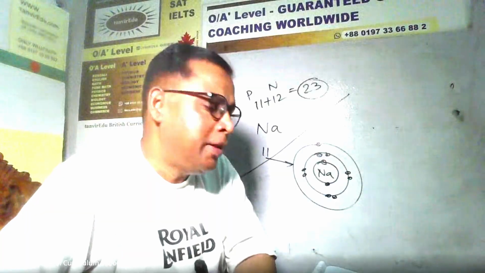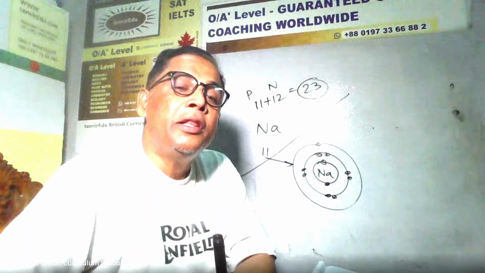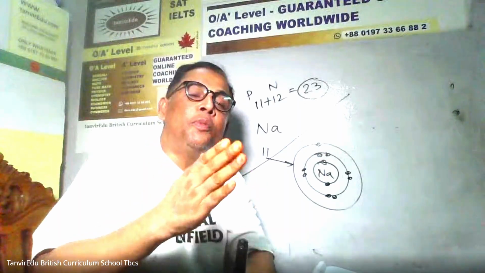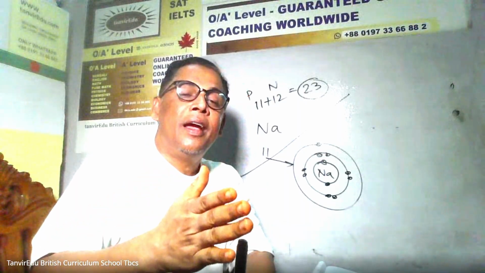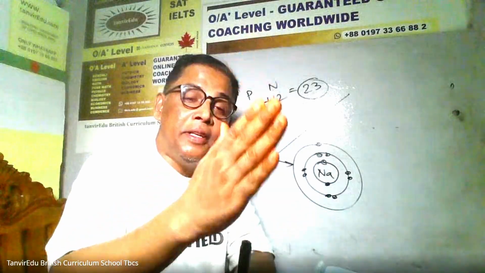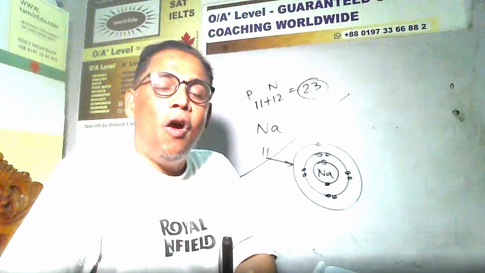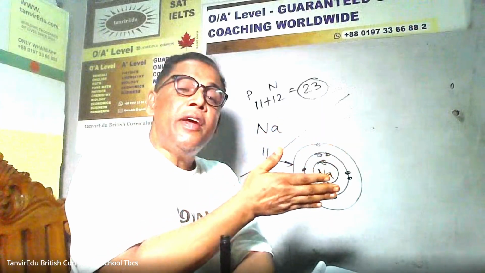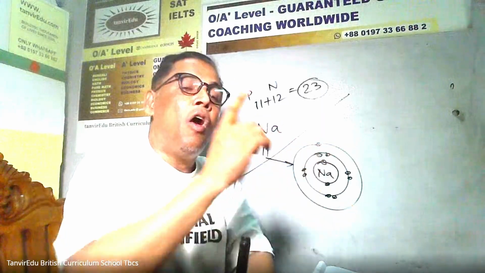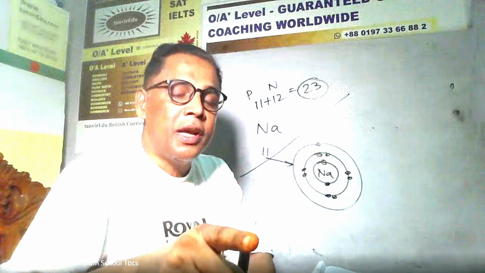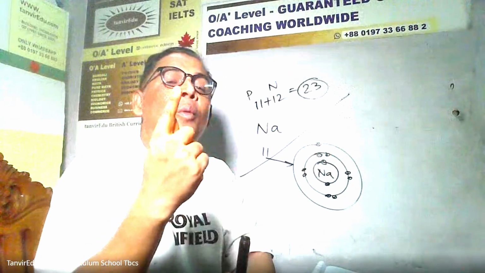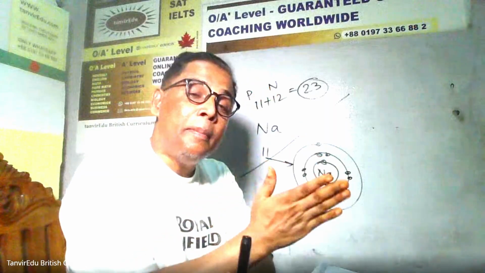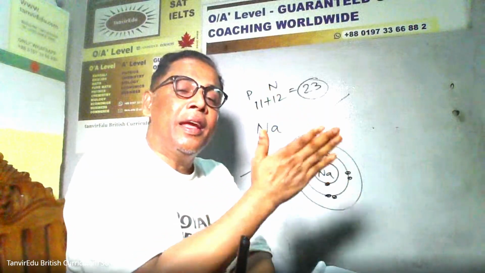In group 1, there are sodium, lithium, potassium, rubidium, and several other atoms. Obviously, these 7 or 8 atoms have only 1 electron in their outer shell. That's why they have been categorized in group 1.